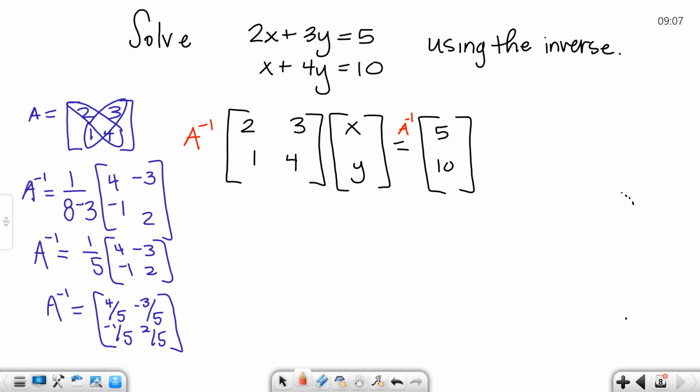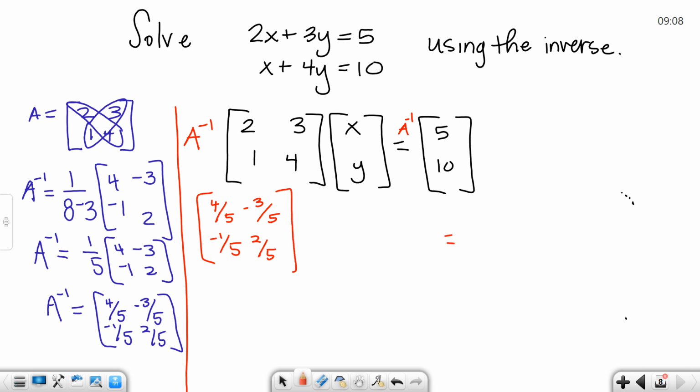What are we going to do with it? So we're going to take 4/5, -3/5, -1/5, 2/5, and we're going to multiply it on both sides of the equation.